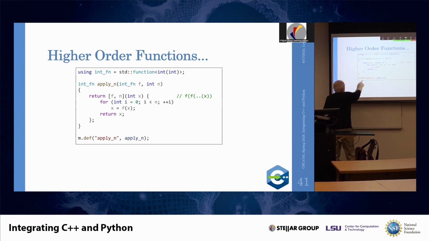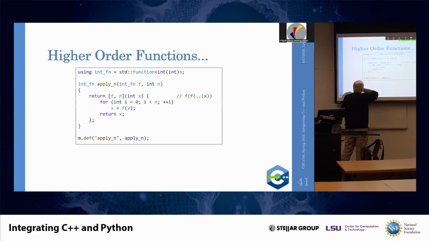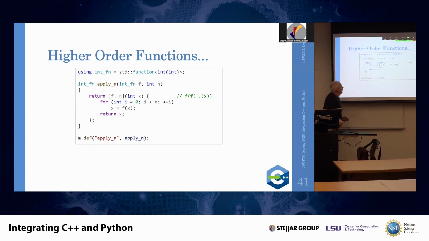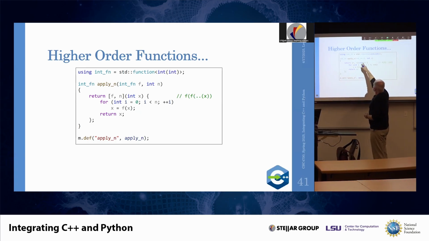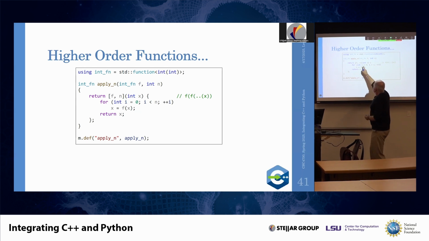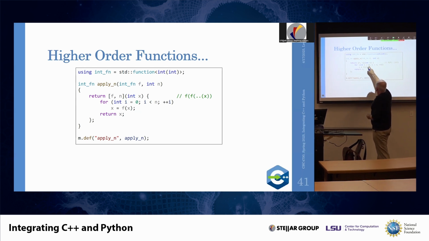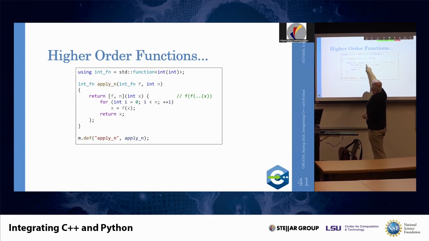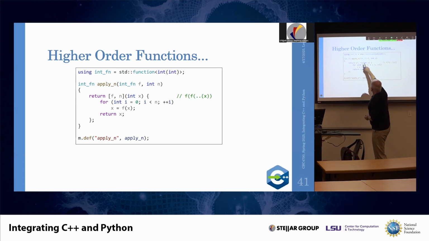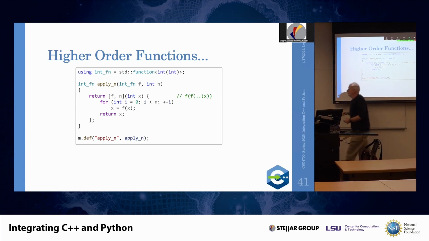And then I apply n to the Python side. And please note the syntax. Let's talk about that a bit. It takes a function and an integer and returns a lambda which has the function and the integer bound, and takes one argument and uses that argument to apply the given function n times.